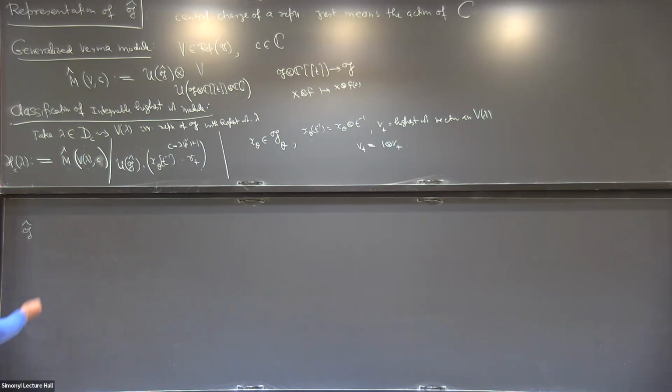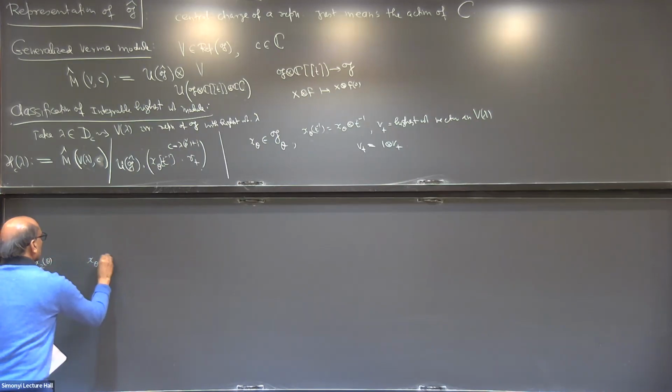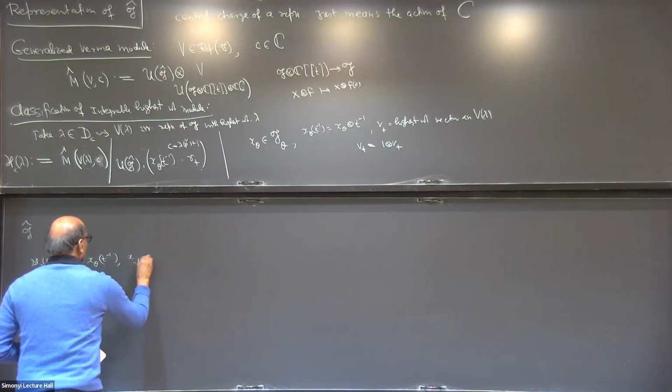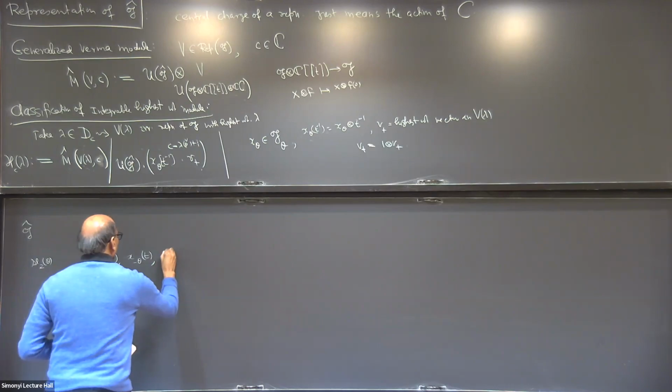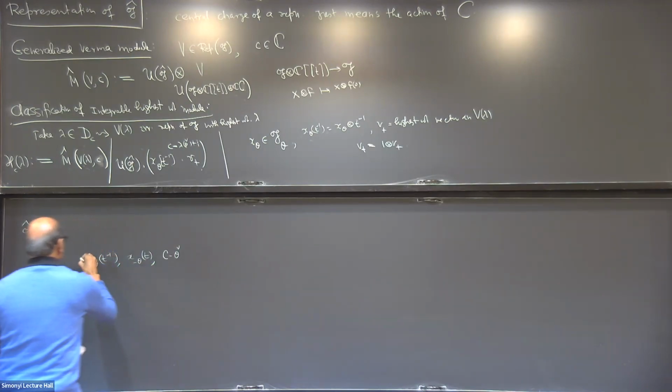Now G hat has one other SL2, and that passes through exactly this: x theta T inverse, and then I will take x minus theta T, and then C minus theta check.